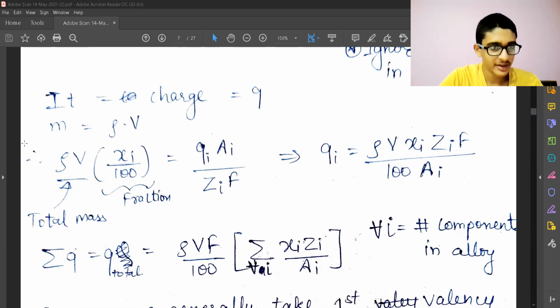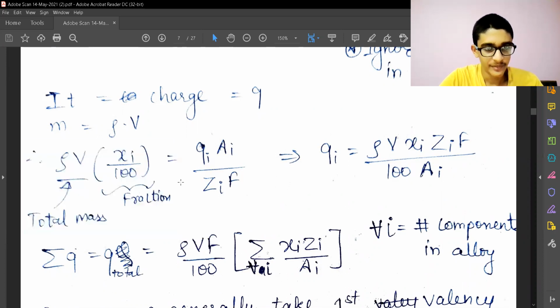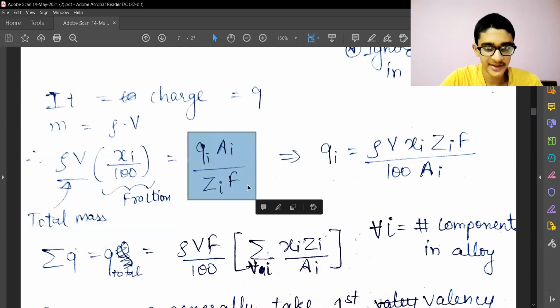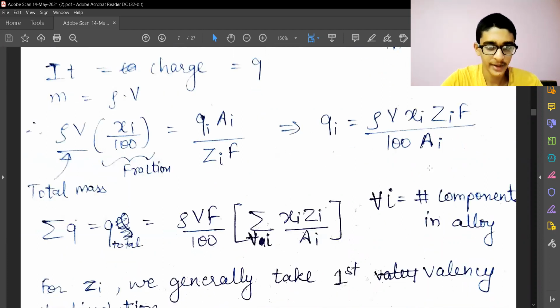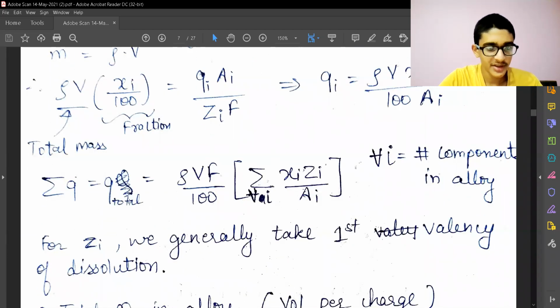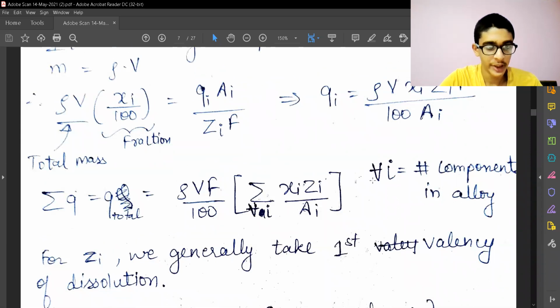For each type of element, I am taking the right hand side for that element, and my Qi, the charge required for that one element, is given by this formula. So my total charge will be the summation of those individual charges.